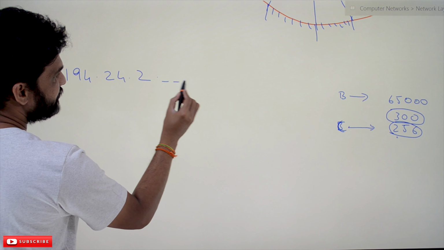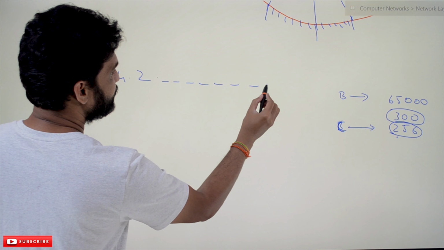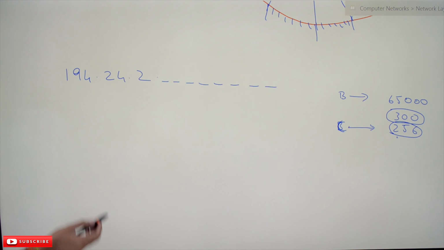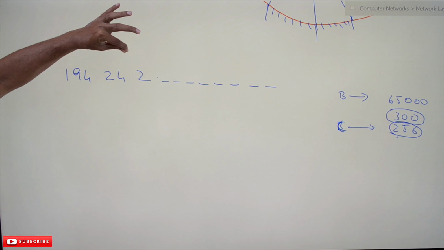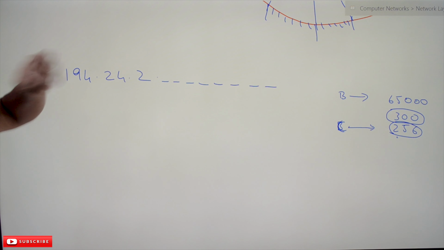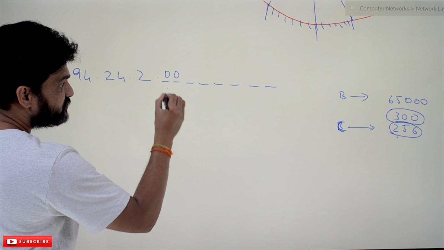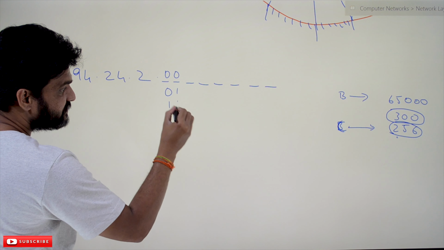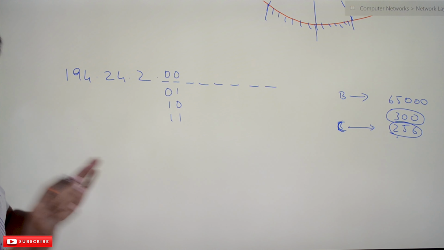And in the remaining part, 8 bits are there. So now with this 194.24.2, what are the combinations that are possible? There are 4 combinations possible. It is 00, 01, 10 or 11. So we will go very slowly.